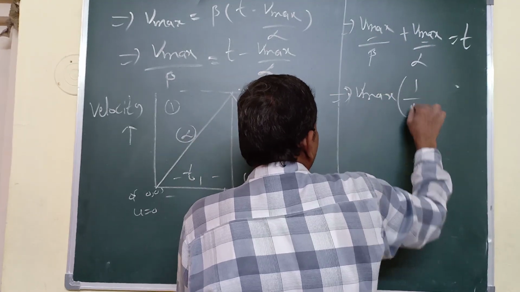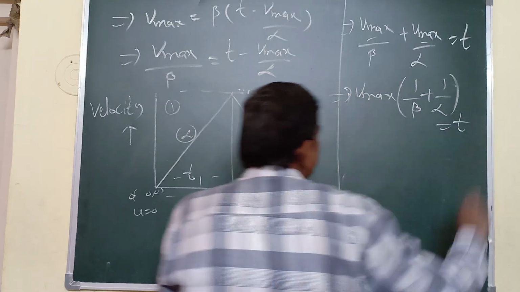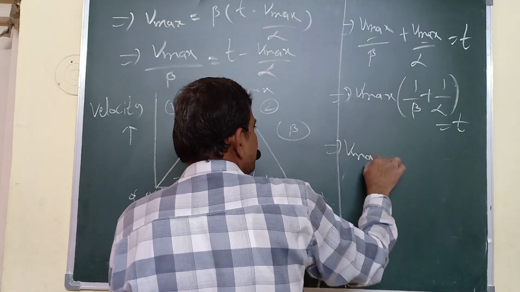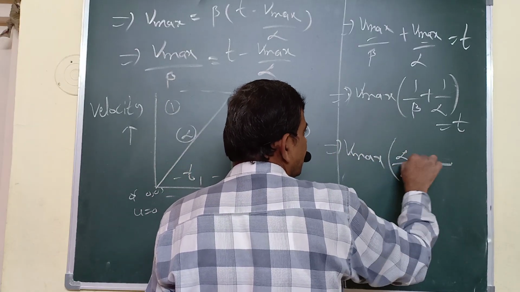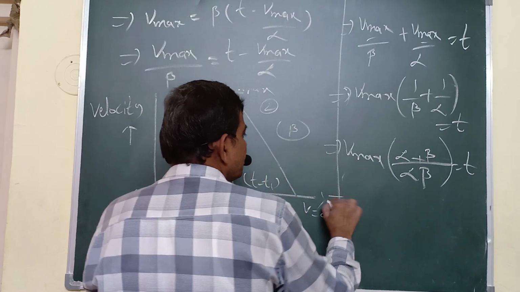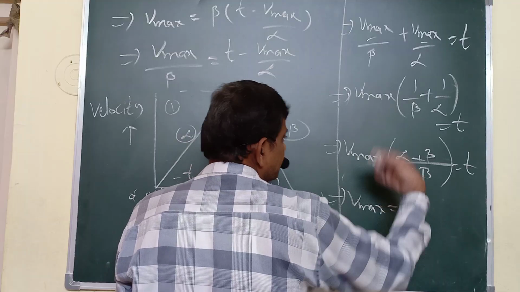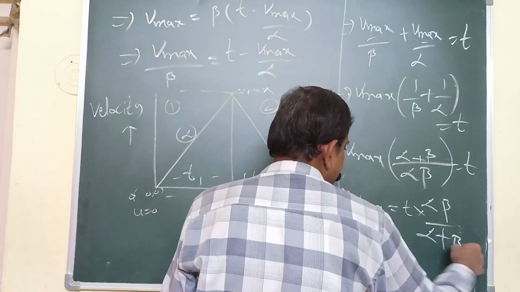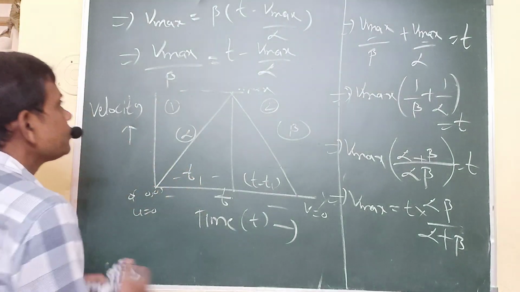Then what am I getting? V maximum into (1 by beta plus 1 by alpha) equals T. Now we take the LCM: V maximum into (alpha plus beta) by alpha beta equals T. Now I want V maximum, so T into the reverse happens: alpha beta by alpha plus beta. Finally I am getting V maximum.